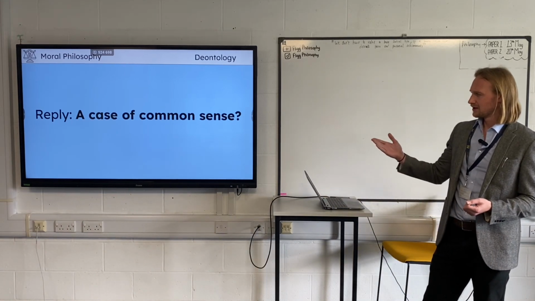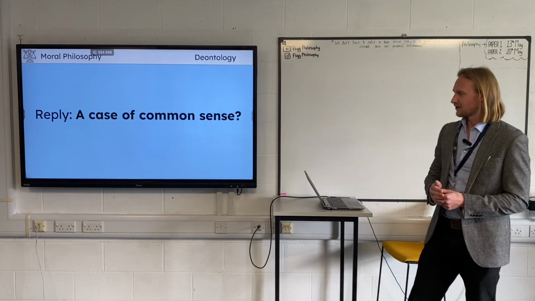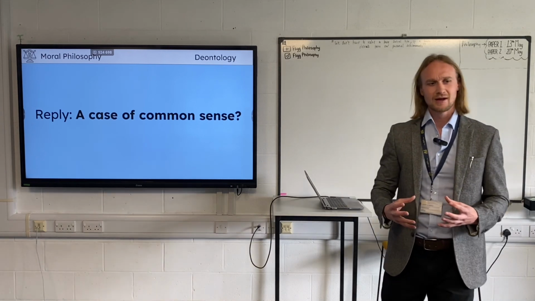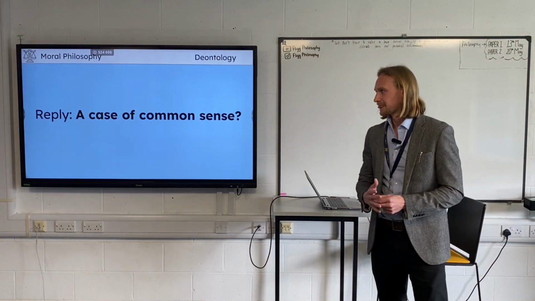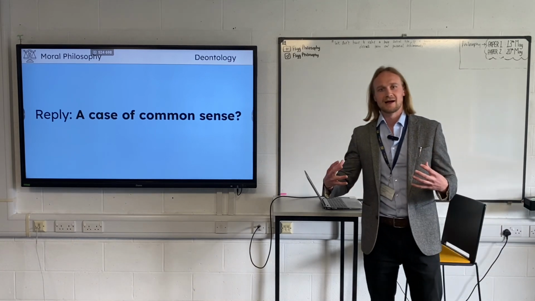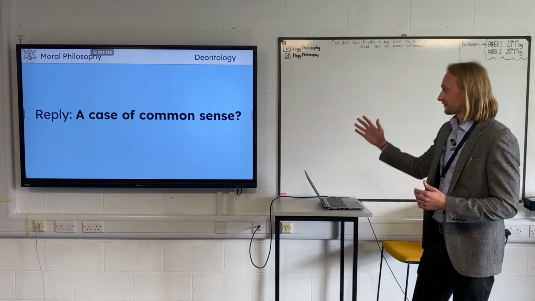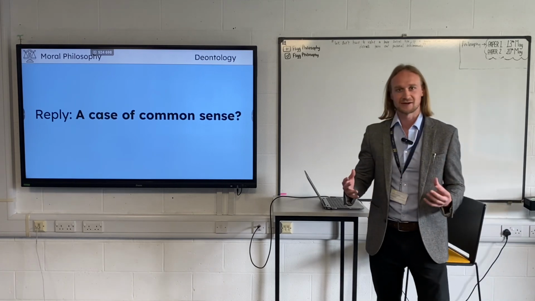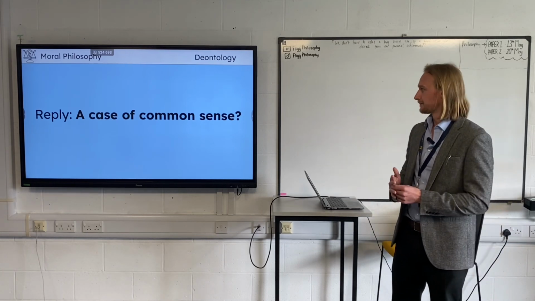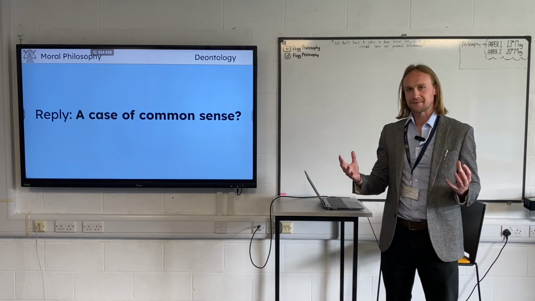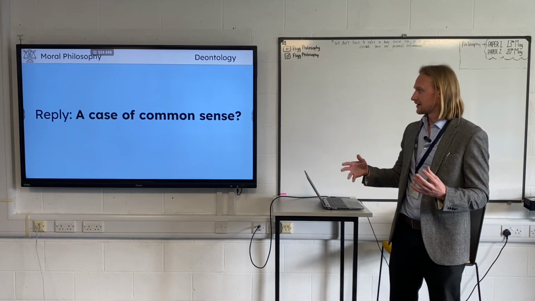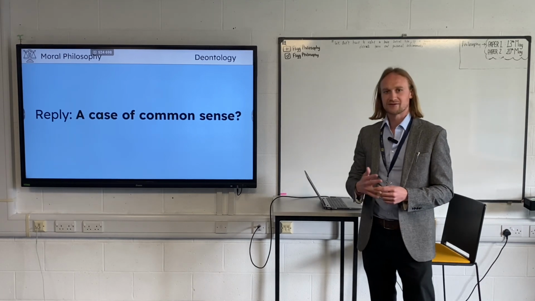Although you could say that bringing common sense into Kant's quite methodical, sophisticated basis for what a moral law is, using all these different formulas of rationale, such as the first formula and the second formula from pure reason, doesn't seem right. It doesn't seem like he considers what common sense is.